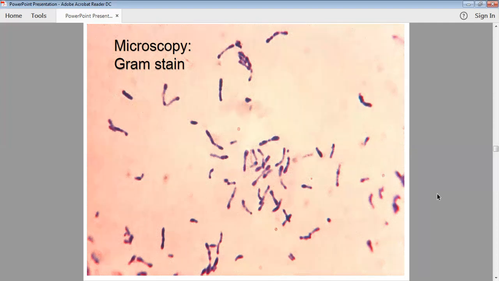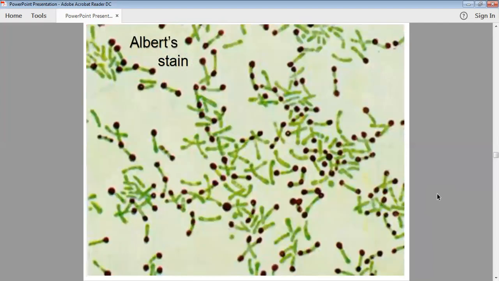These gram-positive bacteria in Chinese letter pattern are mostly non-sporing, non-motile, and non-capsulated. These are the characteristic features of Corynebacterium diphtheriae. But to see the metachromatic granules properly, the other stains are Albert stain, Ponder stain, and Laybourn stain. Albert stain contains toluidine blue O and malachite green.